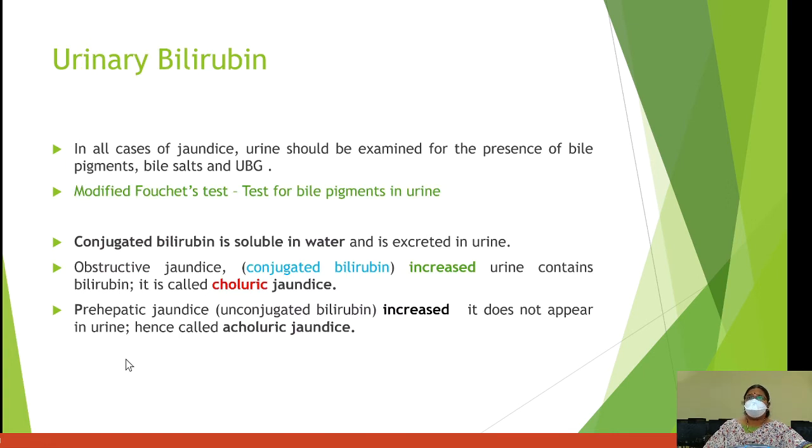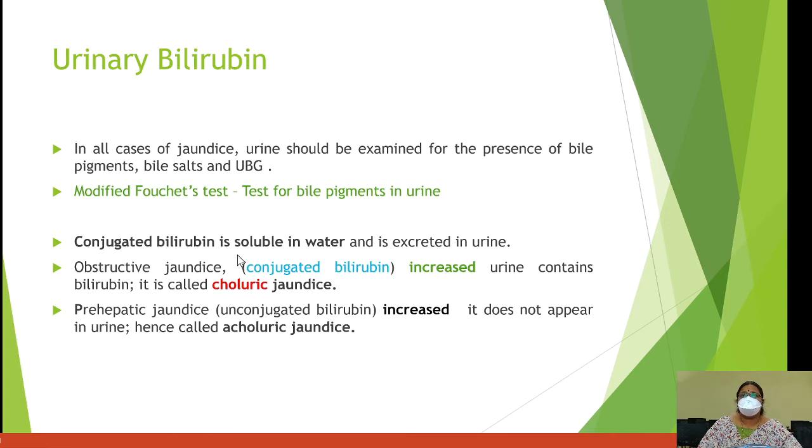Next, about urinary tests done in jaundice. In all cases of jaundice, the urine should be examined for the presence of bile pigments, bile salts and urobilinogen. The test for bile pigments in urine is the modified Fouchet's test. You have done this in abnormal constituents of urine, the test for bile pigments, the modified Fouchet's test.